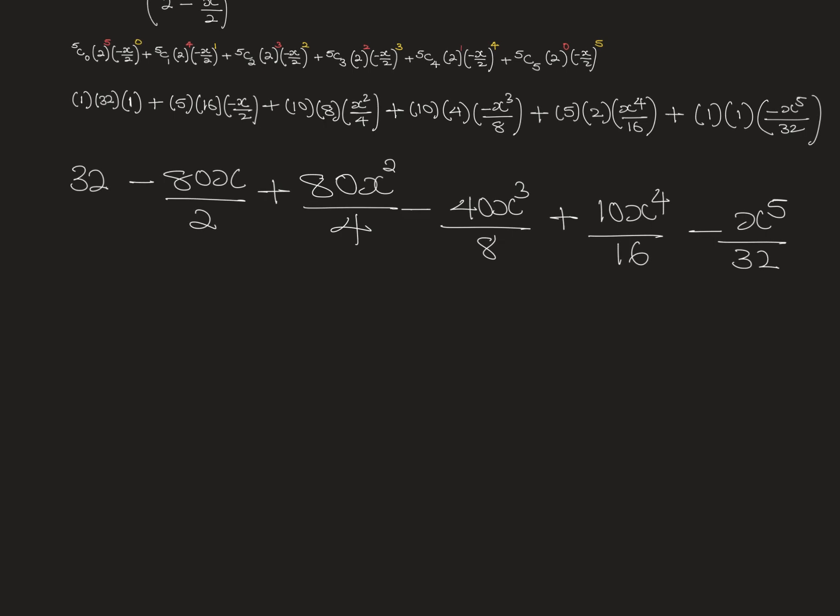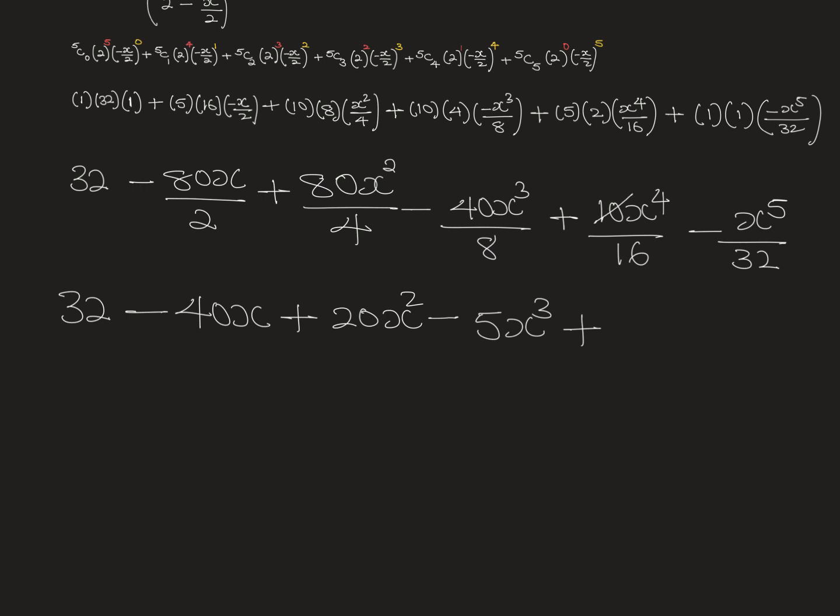So if we further simplify, we're going to have 32 minus 80 divided by 2 is 40, so that is 40x, plus 80 divided by 4 is 20, so you're going to have 20x squared, minus 40 divided by 8 is 5, so that would be 5x to the power 3, then plus 10 over 16.